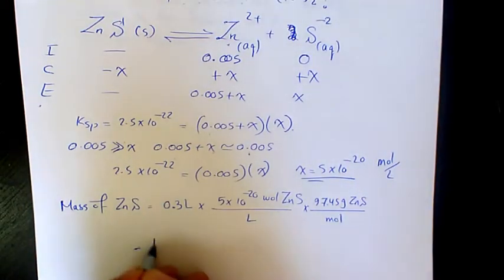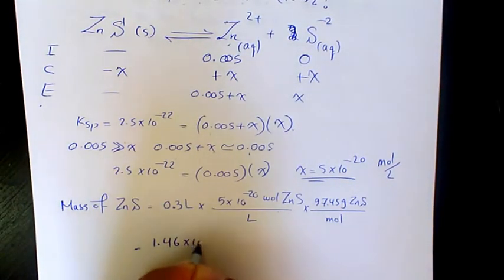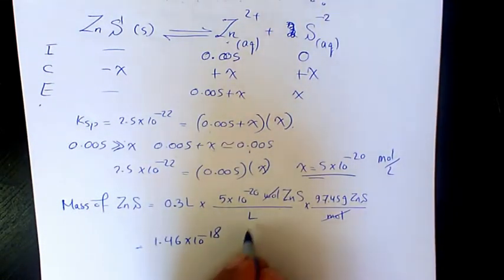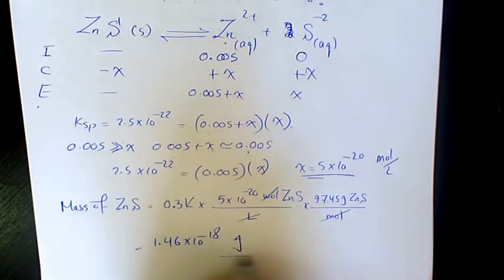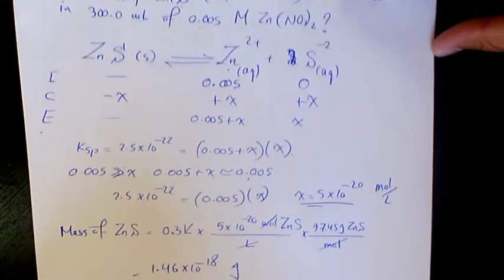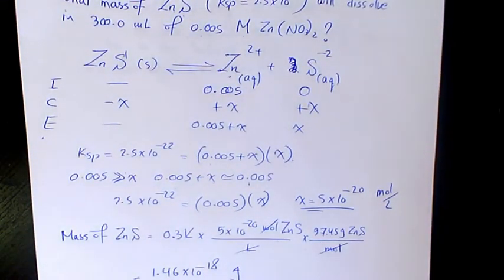That's going to be 1.46 times 10 to the power of negative 18 grams. So that is the mass that is going to be dissolved in 300 milliliters of 0.005 molar zinc nitrate.